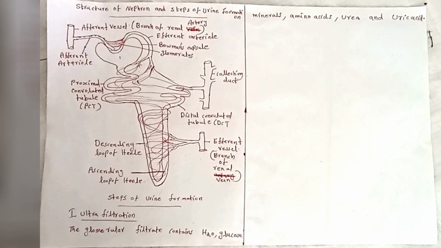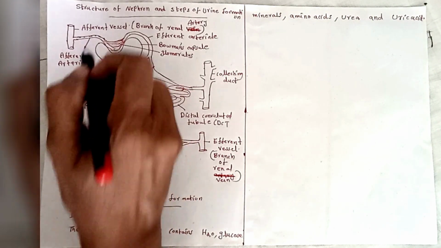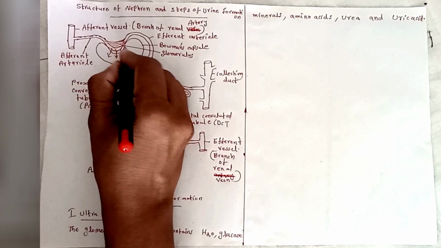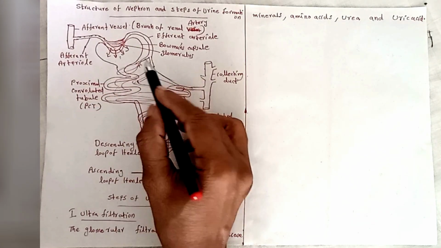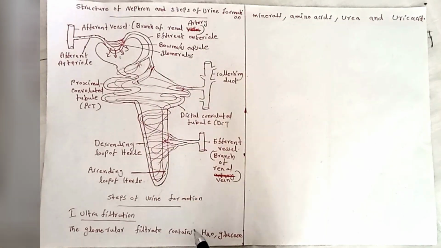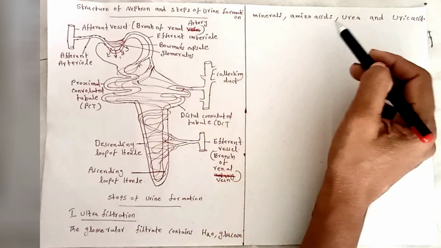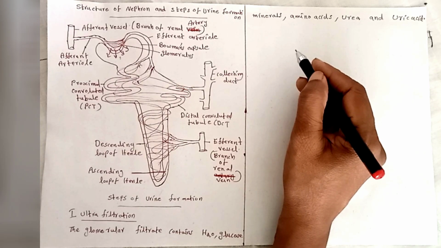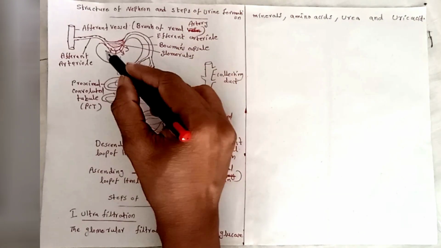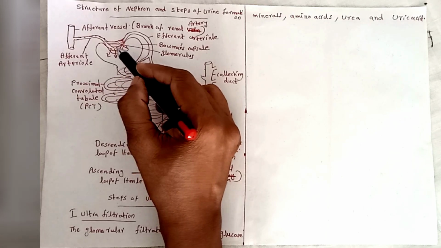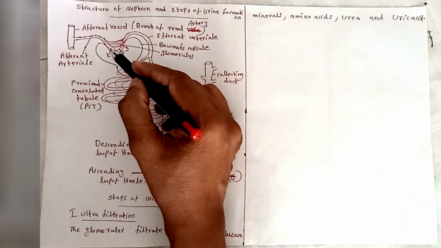The glomerular filtrate oozing from glomerulus to the Bowman's capsule contains water, glucose, minerals, amino acids, urea and uric acid. These are filtered out of blood plasma. Here we already discussed the components of blood.